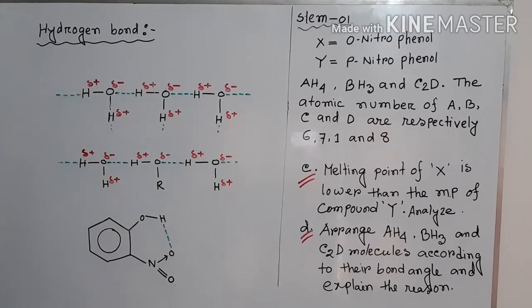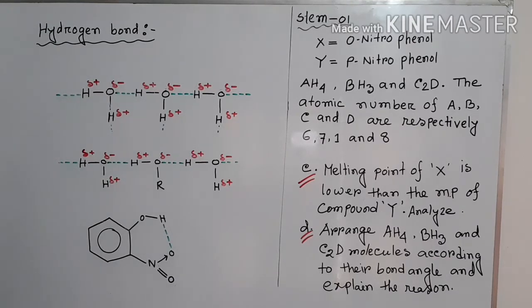What is a hydrogen bond? A chemical bond formed between an electropositive hydrogen atom and a strongly electronegative atom such as oxygen, nitrogen or fluorine is known as a hydrogen bond. The strength of a hydrogen bond is less than that of an ordinary covalent bond.